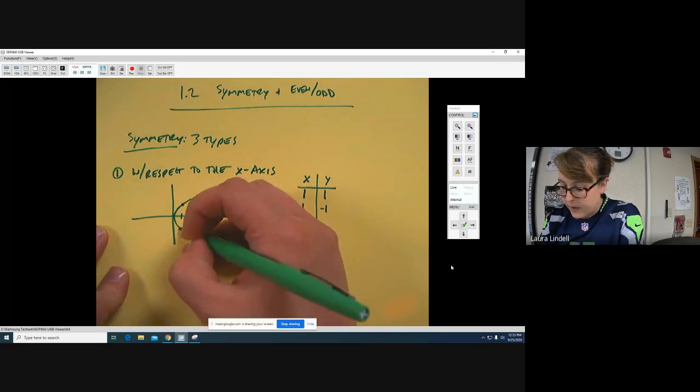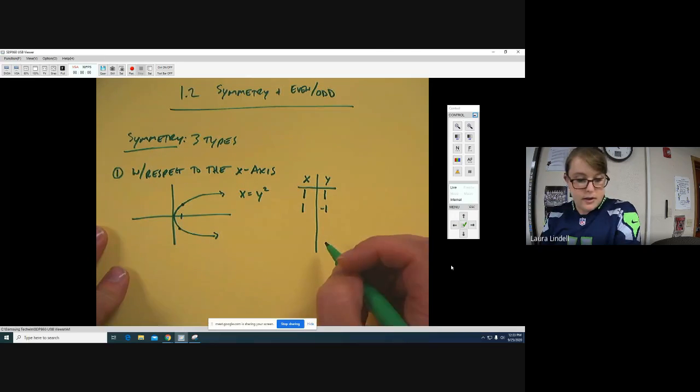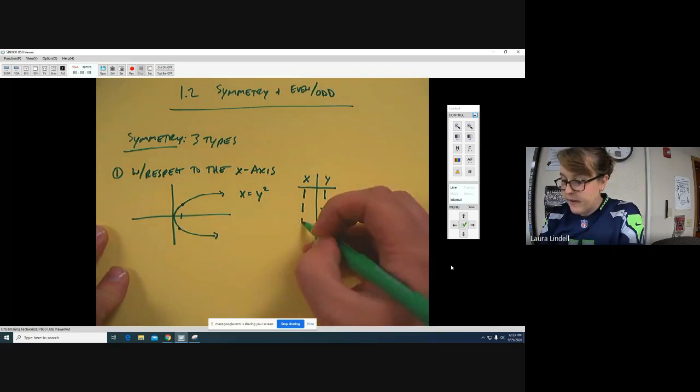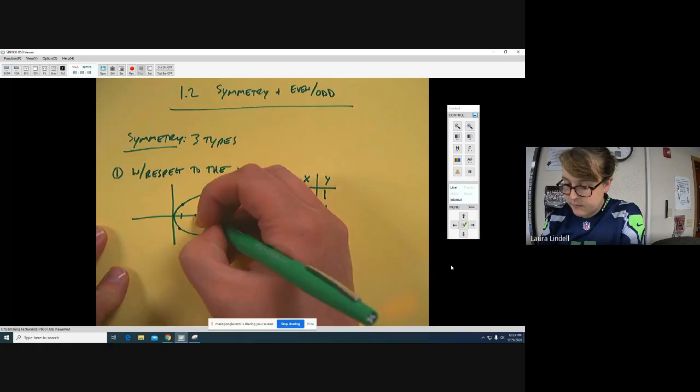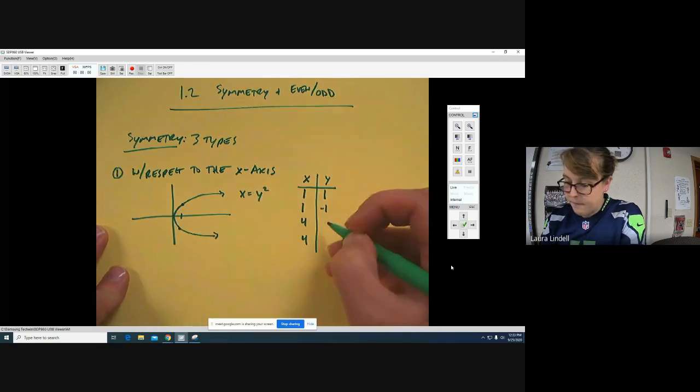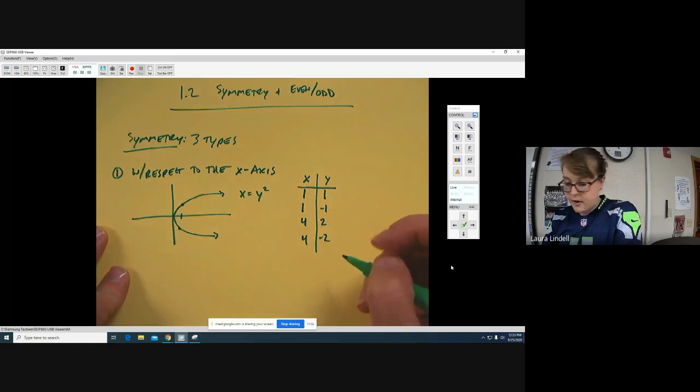Because -1 squared is 1 and 1 squared is also 1. Then for my x value of 4, it would be 2 or -2, right, for the y values that go with it.